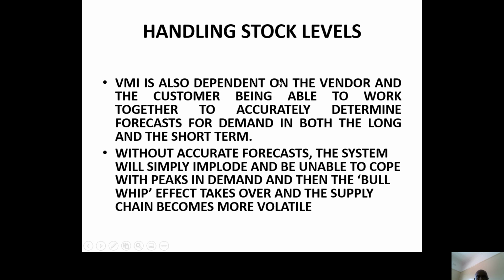All right? Handling stock levels. How do you handle the stock level? Vendor management is also dependent on the vendor and the customer being able to work together to accurately determine the forecast for demand. Without an accurate forecast, the inventory system will simply implode and be unable to cope. Why don't you make your systems married together?